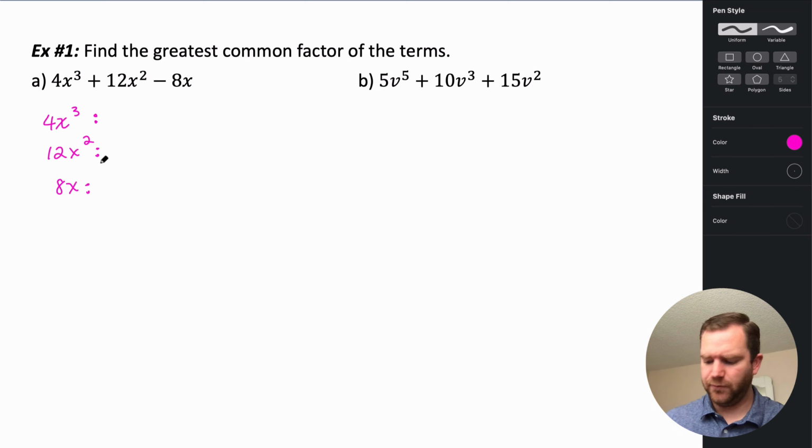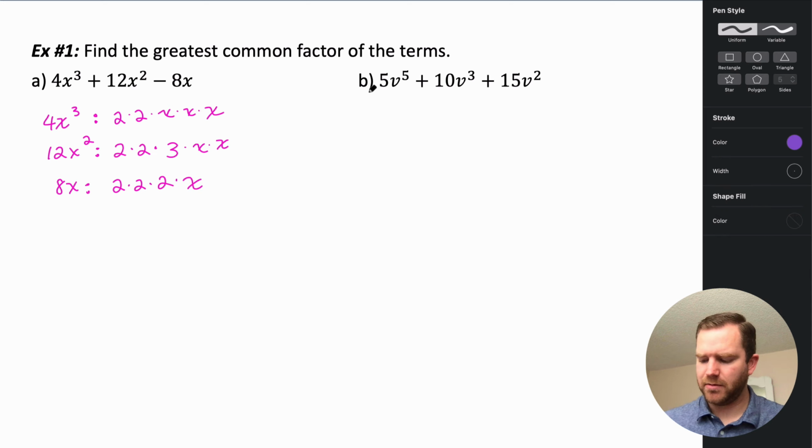First, what is 4? 4 is just 2 times 2, and then x cubed is x times x times x. That would be its breakdown. 12 is 4 times 3, so it's 2 times 2 times 3, and then x squared is x times x. 8 is 2 times 2 times 2, it's 4 times 2. So 2 times 2 times 2 times x.